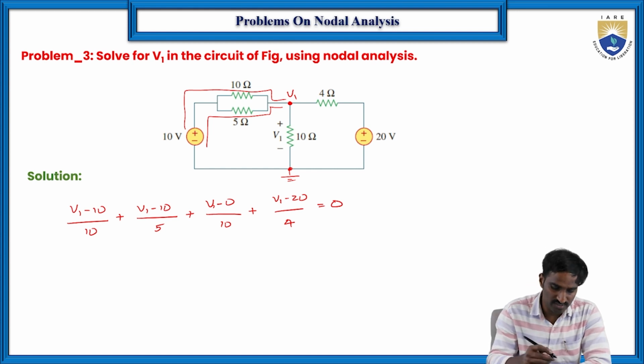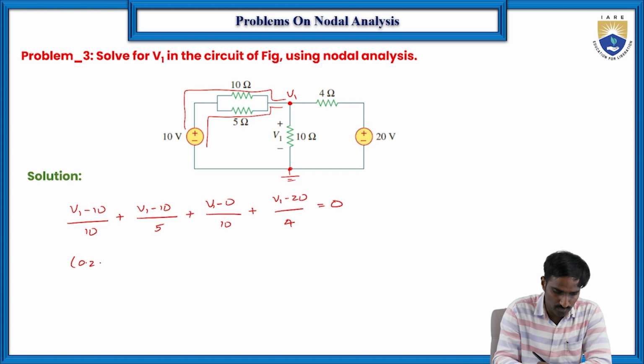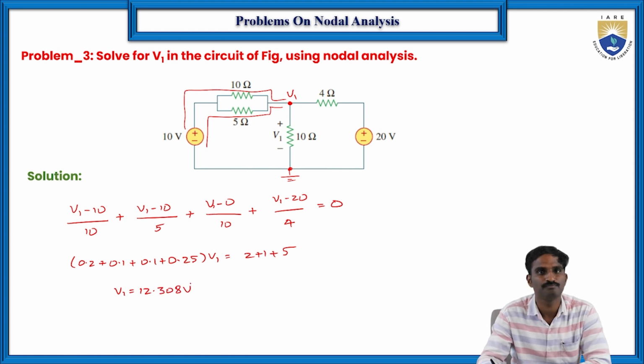If you simplify this equation, you get 0.2 plus 0.1 plus 0.1 plus 0.25, into V1, which is equal to 2 plus 1 plus 5. Finally the V1 value that you will get is 12.308 volts.